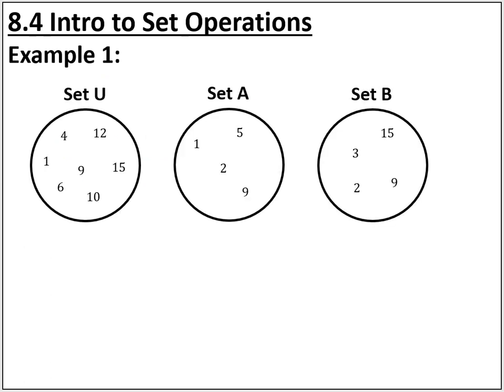Now before, we had the numbers written out. Now we have these three sets in circles and groups. Here's set U with each number element 1, 4, 6, 9, 10, 12, 15. Then here we have set A: 1, 5, 2, 9, and then we have set B: 3, 2, 15, 9.